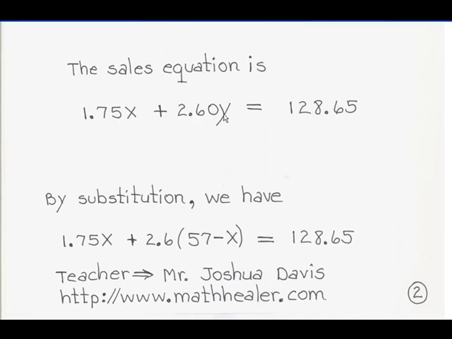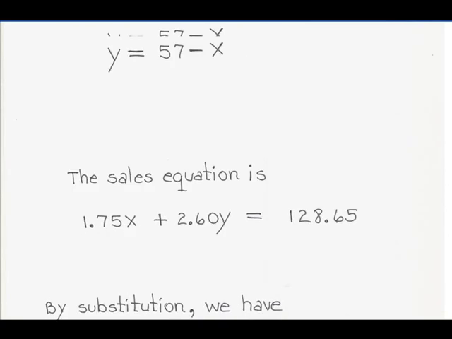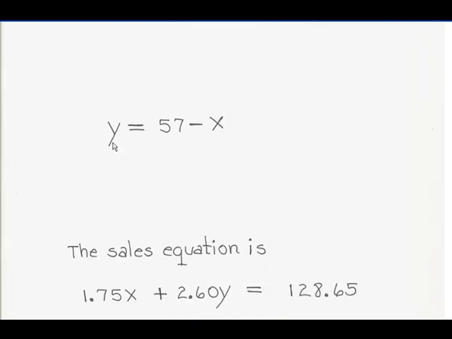We need to eliminate one of these variables. So based on what we did earlier, we will take the equation Y equals 57 minus X, and we will substitute this expression in place of Y. We will use the substitution property. Okay, I'm back.